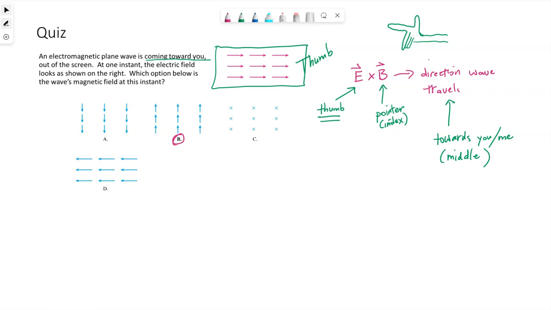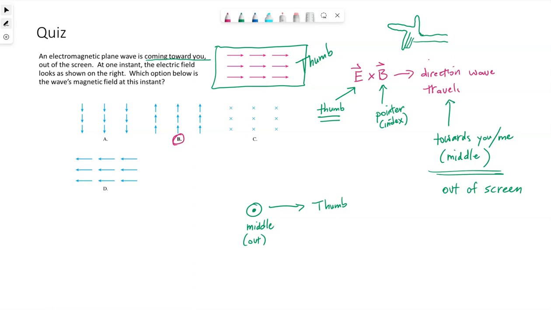We don't know the pointer finger yet, so let's jump to the direction of the wave travel. We know that's coming towards us. So out of the screen. So you should have your thumb pointing to the right. You should have your middle finger pointing out of the screen.